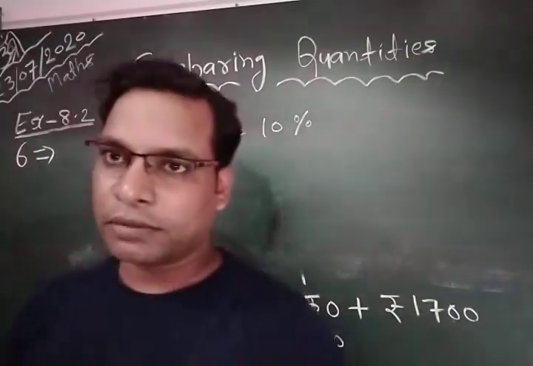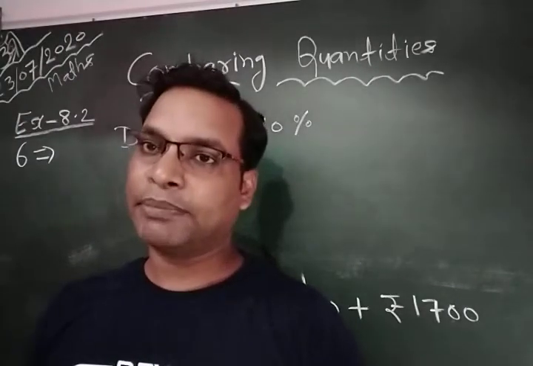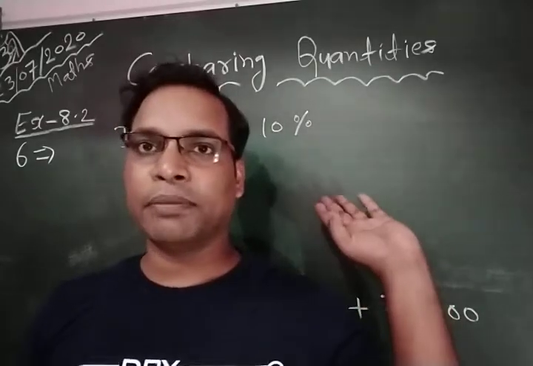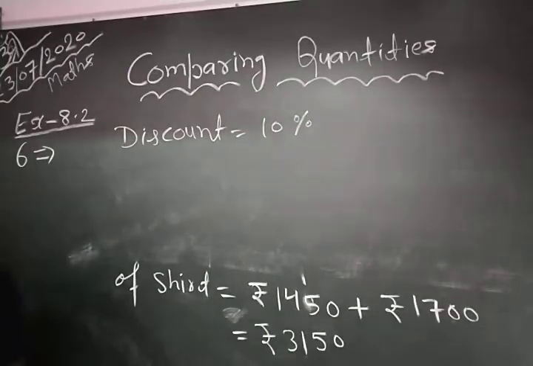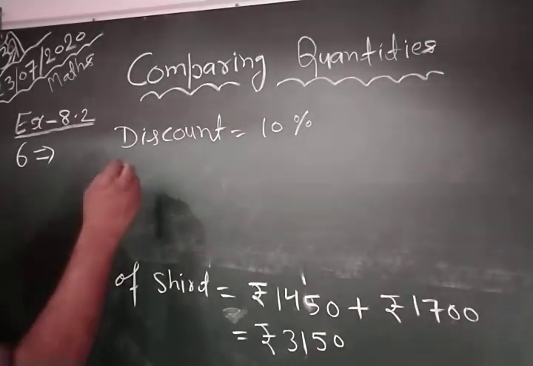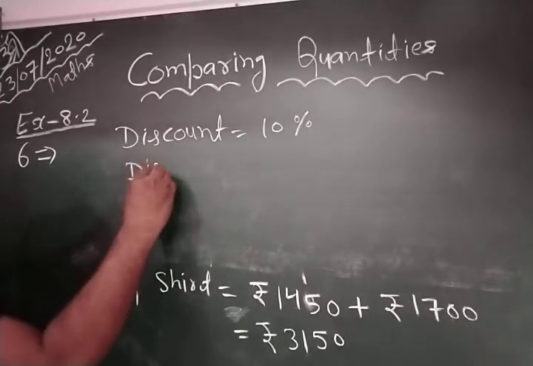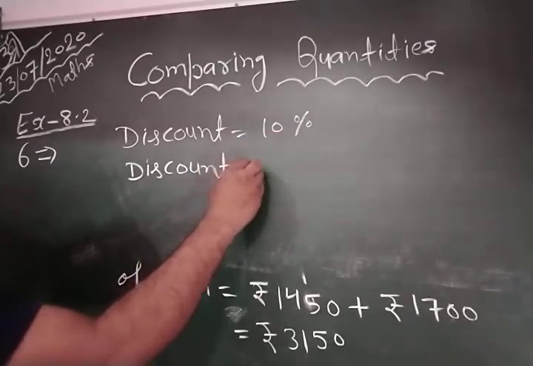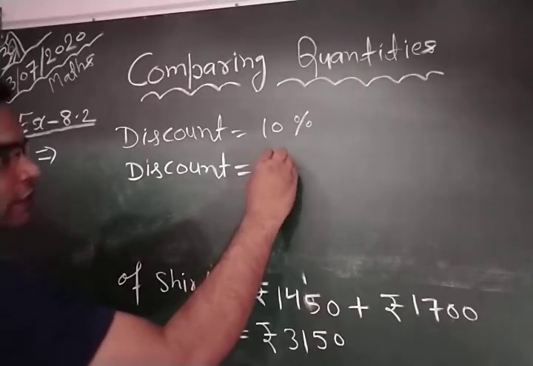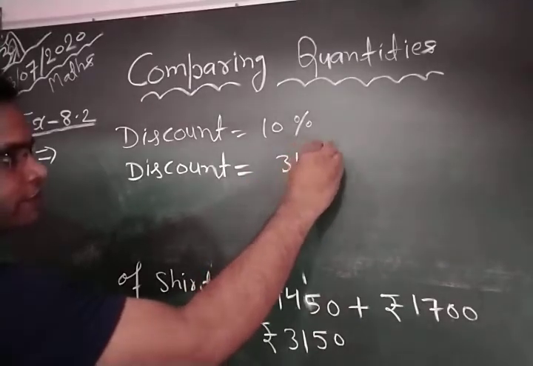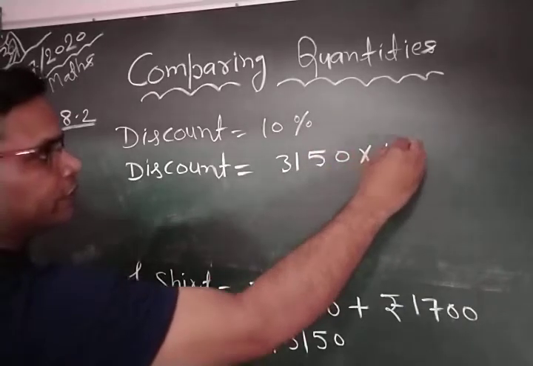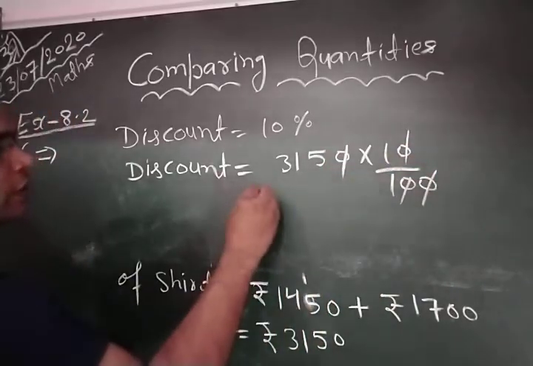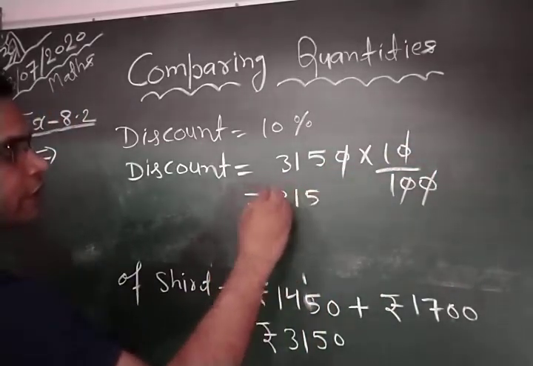We find loss or profit at cost price, CP, but discount at marked price, MP. So the discount is equal to 3150 rupees into 10 by 100. 10 cancels 10, so we obtain 350 rupees. This is the discount.